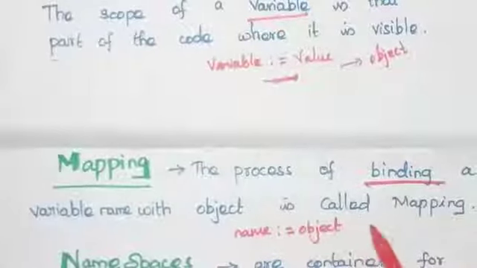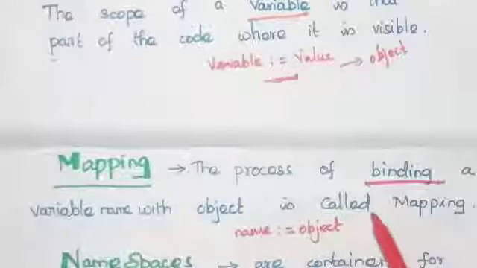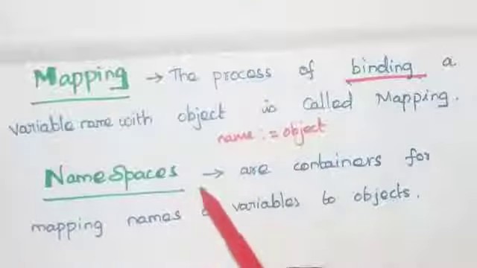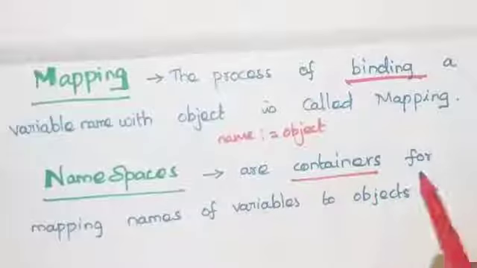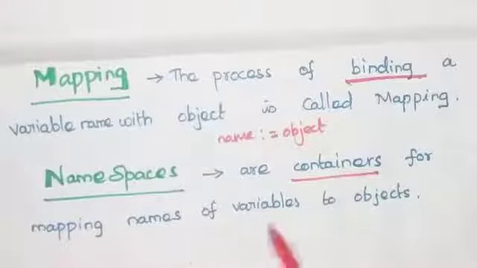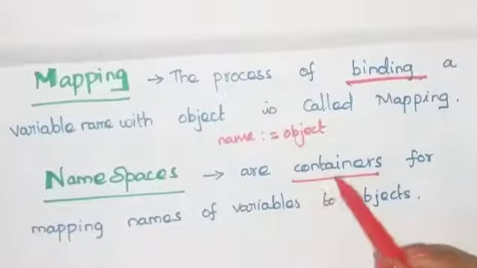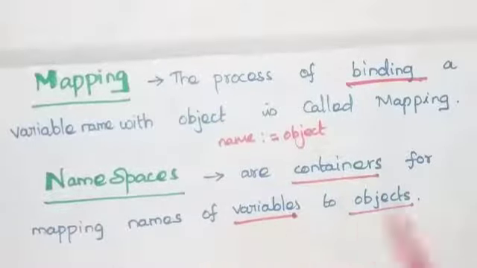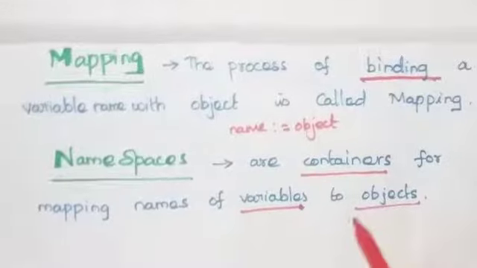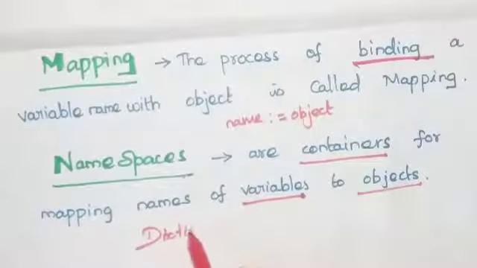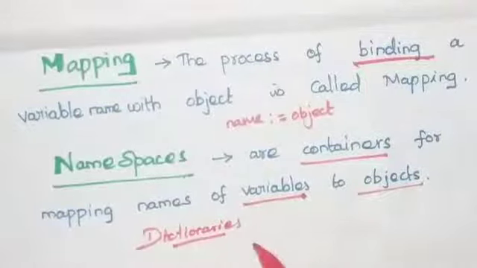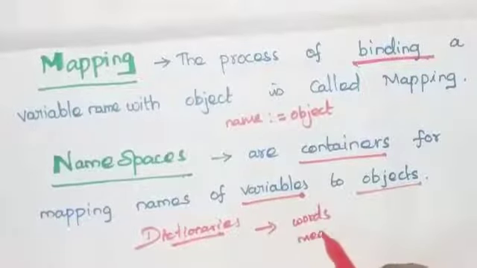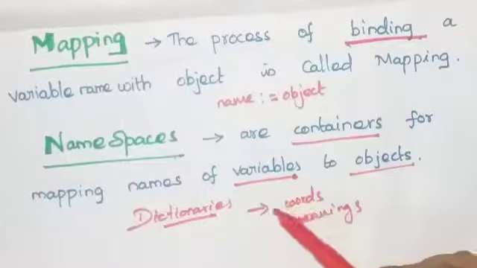Programming languages keep track of all this mapping with namespaces. So what are namespaces? Namespaces are containers for mapping names of variables to objects. You can compare namespaces with dictionaries, because dictionaries contain a list of words and their meanings.